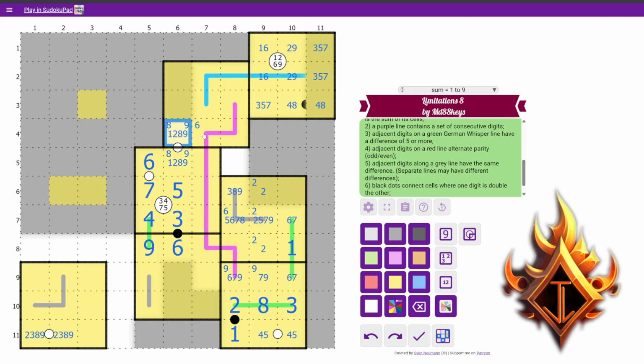Whatever this cell was at the top would have to be along the line here. Then whatever this one is would be where. It depends what number it is. If it's 9, it could go there.